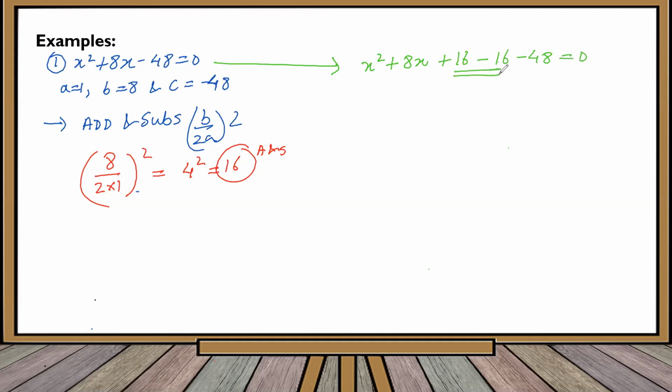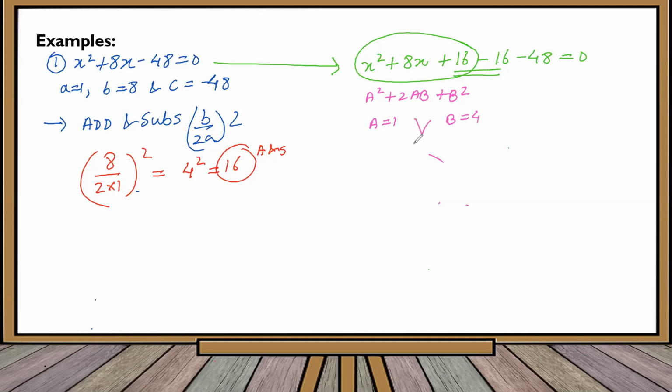Added and subtracted. Now again, if you observe the first three terms, it is in the form of a square plus 2ab plus b square, wherein your a is 1, b is 4 because 4 square, right?